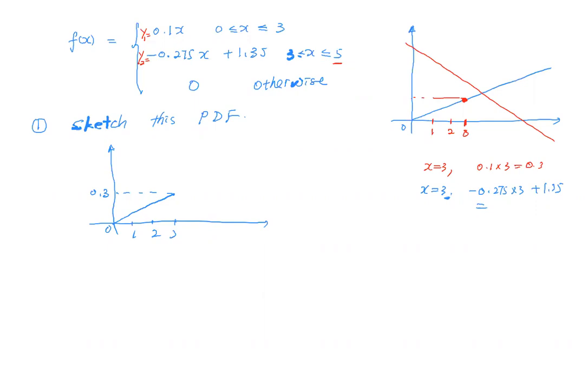I should get 0.55. It doesn't matter, I just need to change something on it. Hold on, 0.275 times 3.